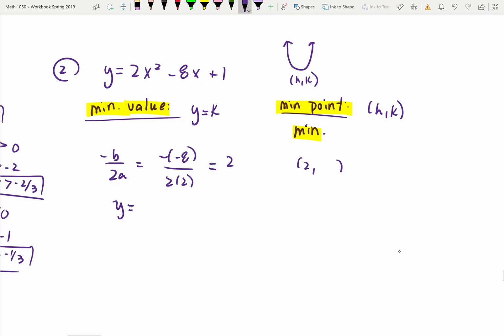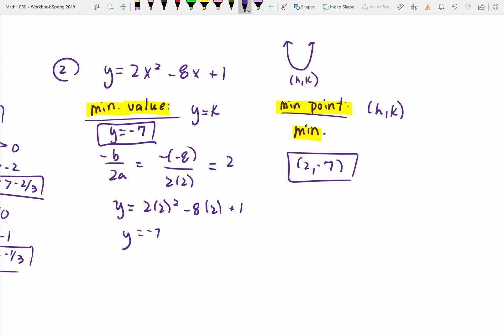So now you just plug it back in like this, and that is going to be negative 7. If they asked you for the minimum value, it would be y equals negative 7. If they ask you for the minimum point, it would be right here.